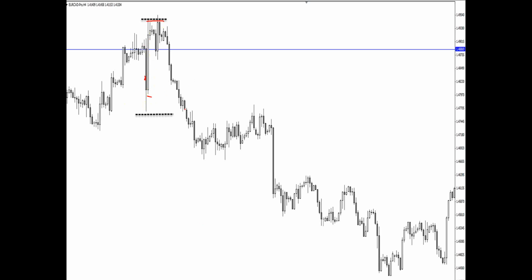So if this is a master candle top, this is the master candle bottom. You can see also that this bottom is very significant, because after it was broken, this candlestick broke through it and retested it.